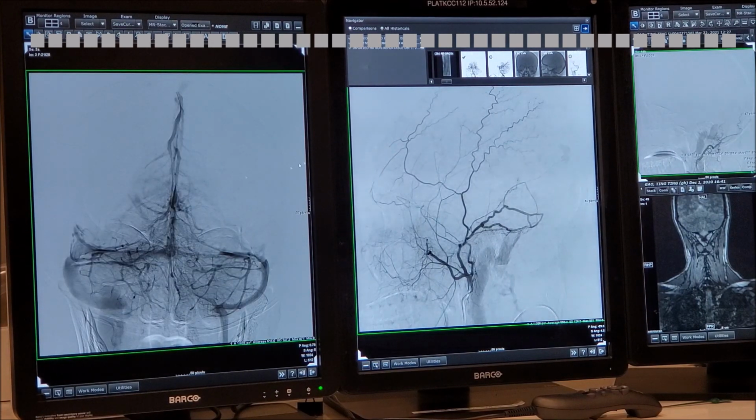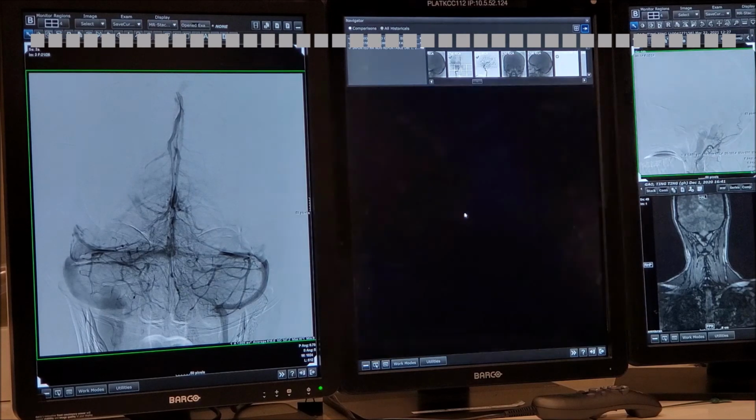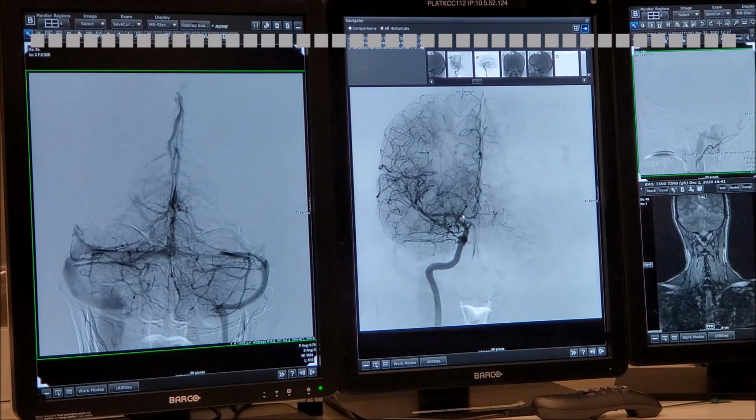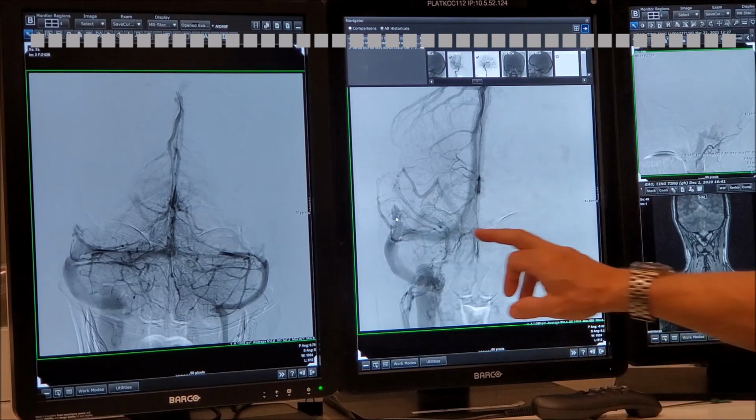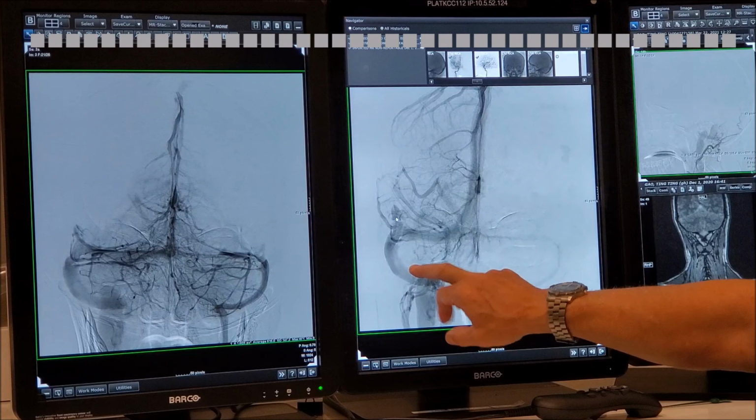Where did we see it? In the carotid. Some people have that and no fistula and have tinnitus, but I wouldn't treat it just for that. But if you put a stent here, it will take care of that thing.